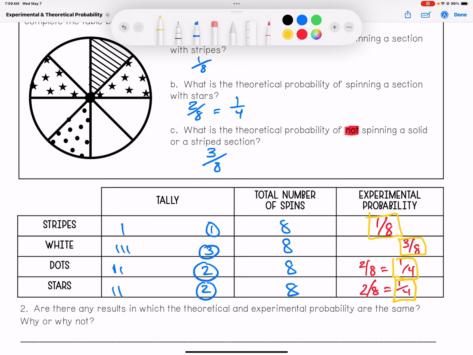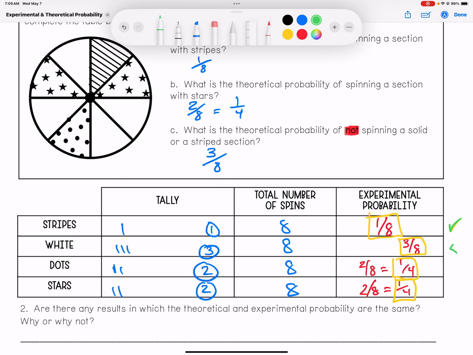All right. So did everything turn out like it was supposed to? The stripes, 1 out of 8, that was correct. That's exactly what happened. We got lucky. White should have been 4 out of 8. It should have been 1/2, but it was less.